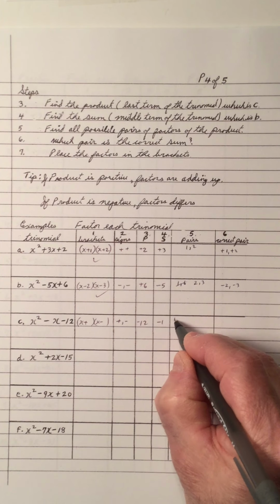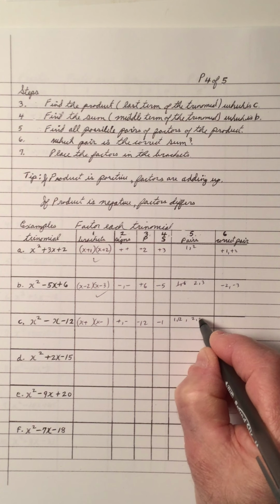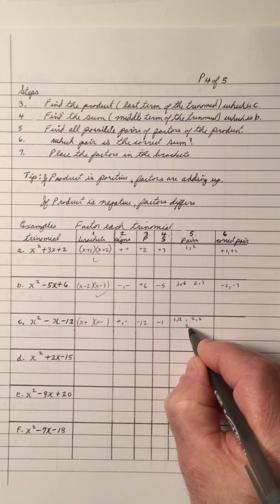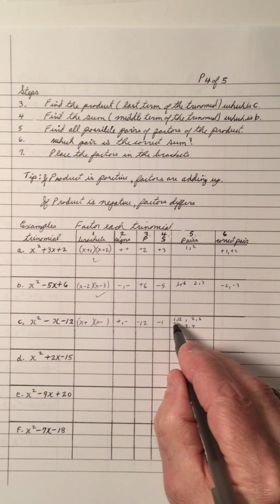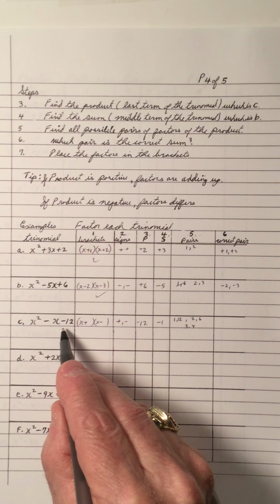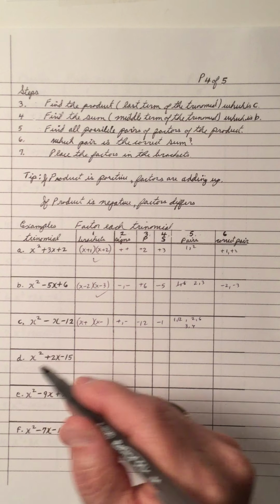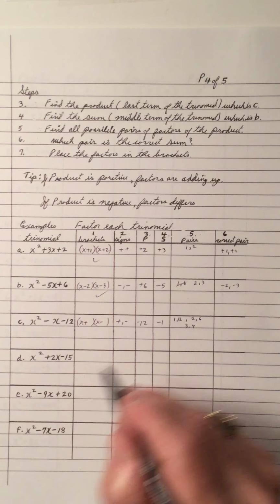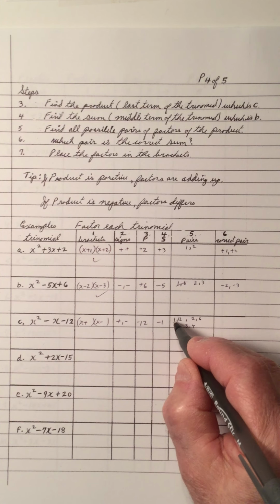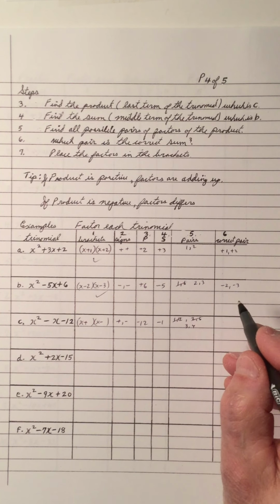So I have a 1 and a 12, I have a 2 and a 6, and I have a 3 and a 4. Those are the factor pairs: 1, 12, 2, 6, 3, 4. Now, remember, the product is negative, so that means the factors are subtracting to get the 1. So 12 and 1 will give you 11, no good. 6 and 2 will give you a 4, no good.